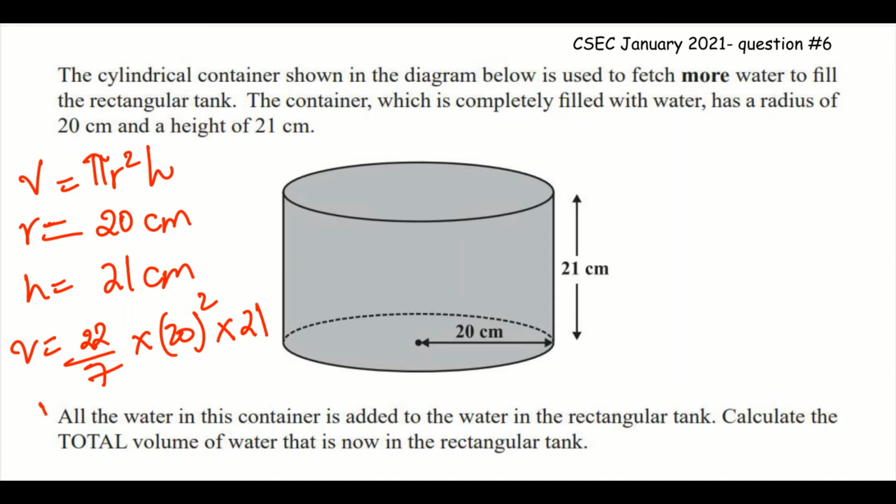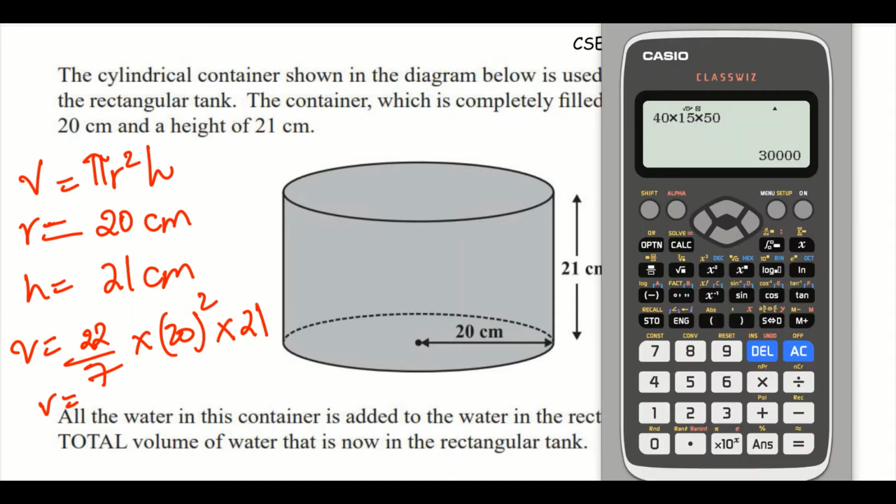So multiplying out on our calculators, let me clear off. We have our fraction button, 22/7 times open bracket 20 close bracket squared times 21, and that's going to give me 26,400 centimeter cubed.